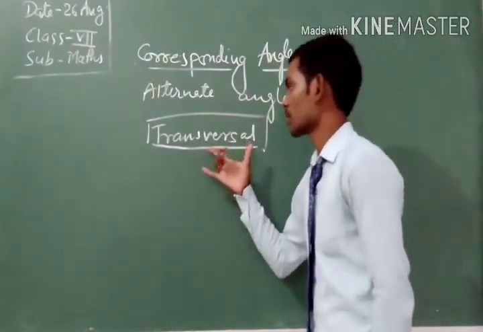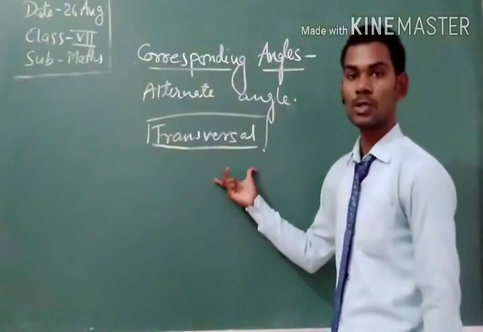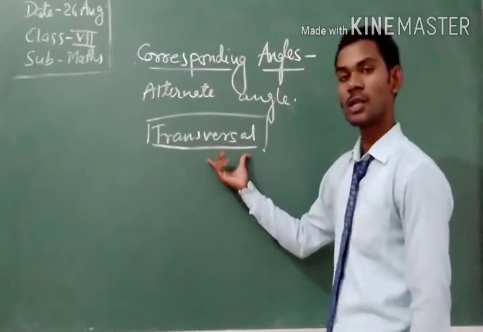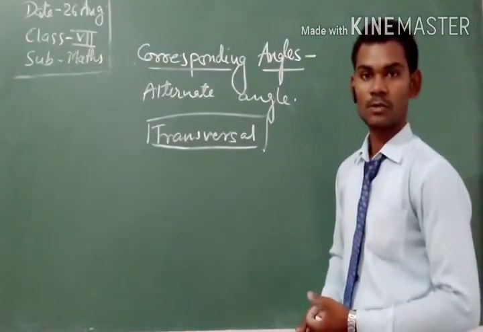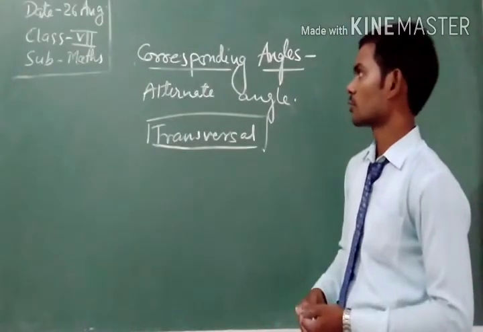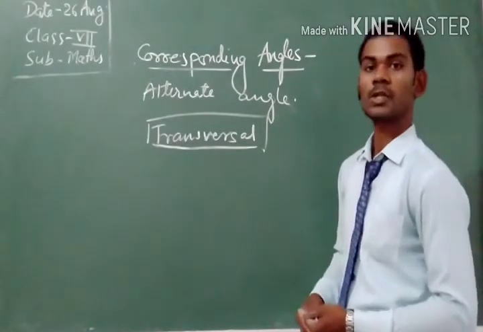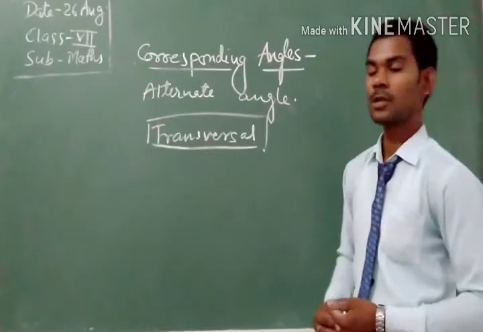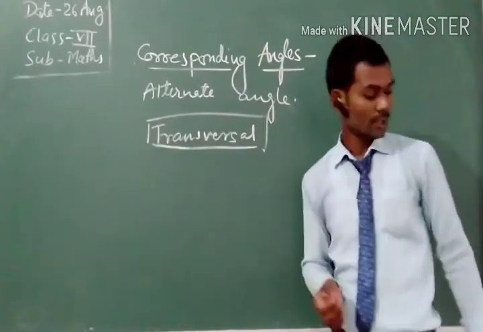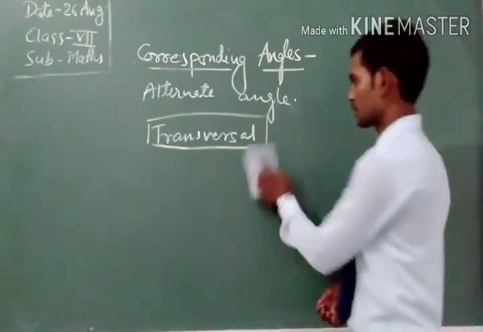The word transversal is used in both definitions, so it is a very important definition of this topic. So let us start with the corresponding angle. Before starting, let me explain transversal once more.